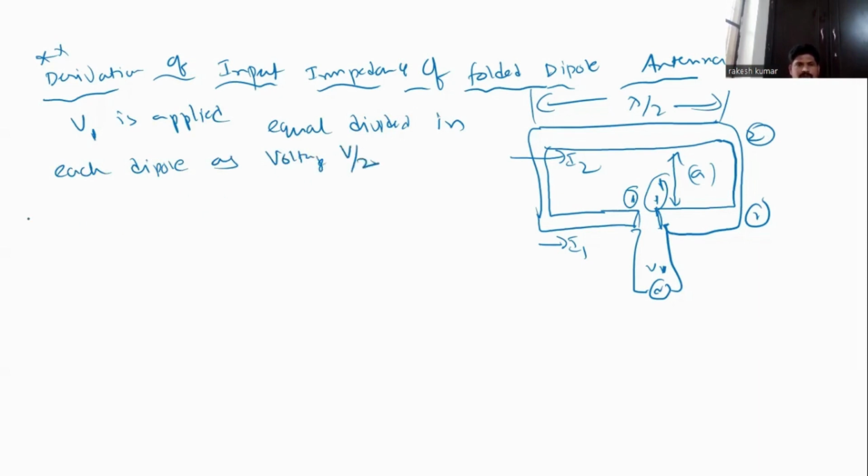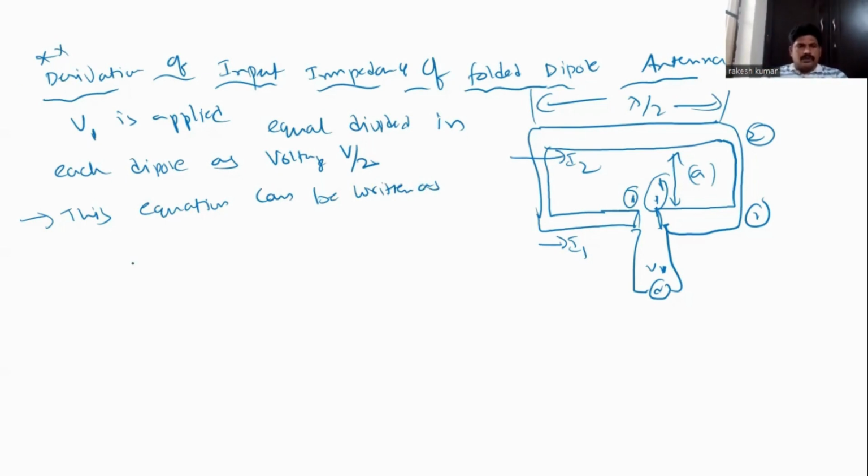This equation can be written as V1 by 2 is equal to Z11 I1 plus Z12 I2. What is Z11?